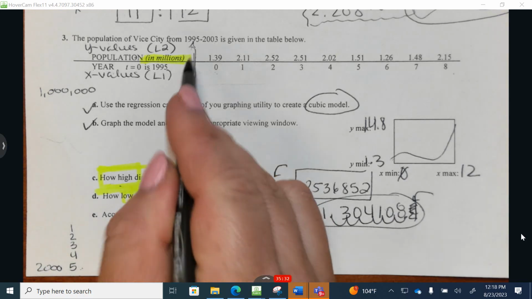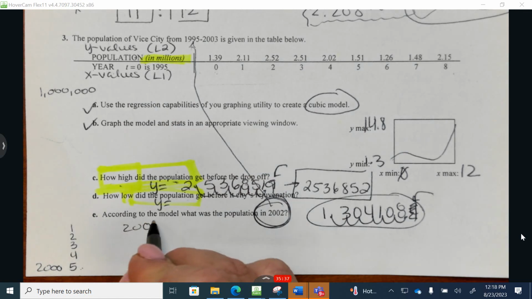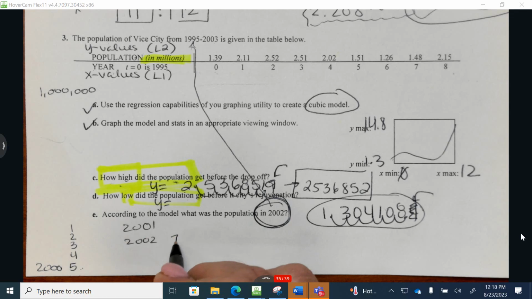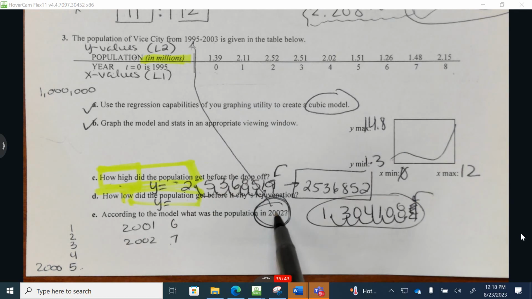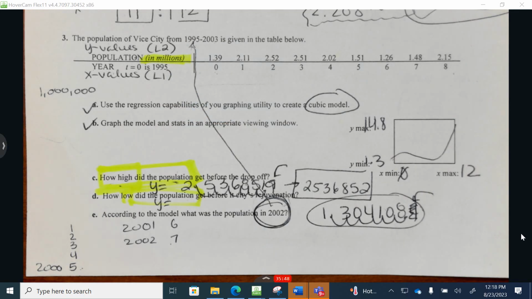That's going to be a 5 for us in terms of a t-value. So when I think about the year 2002, the year 2002 is a 7. How else could you get that? You take what year we're trying to identify and subtract it from the initial year. So 7 is what I want.